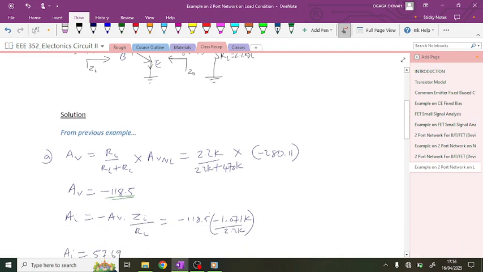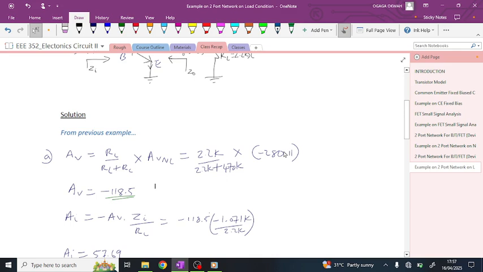Now the A part, where we are calculating the voltage gain. This time, since we now have a load resistance, we have to take that into account. We've already calculated the voltage gain at no load, so at no load this is it.